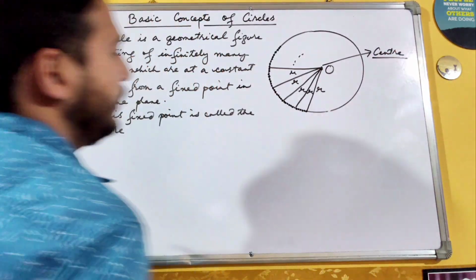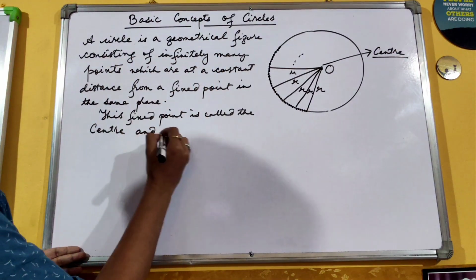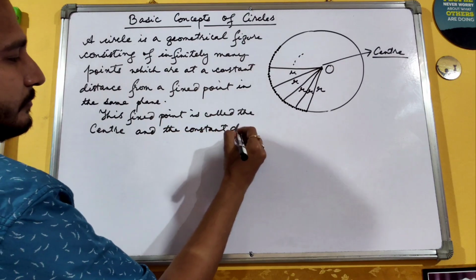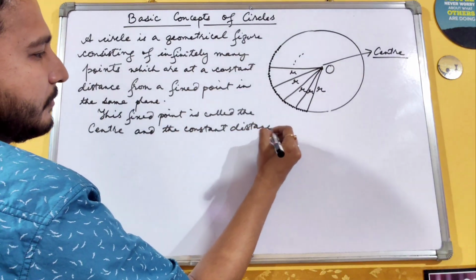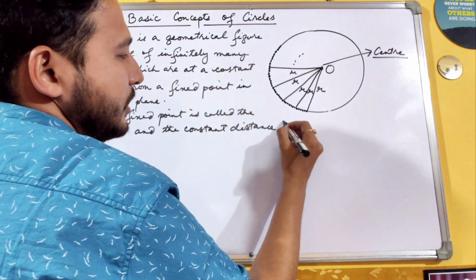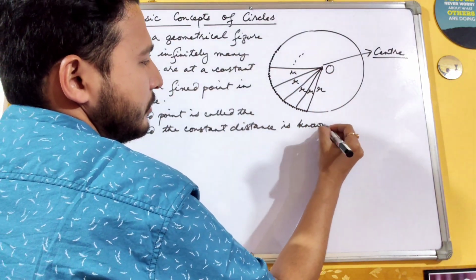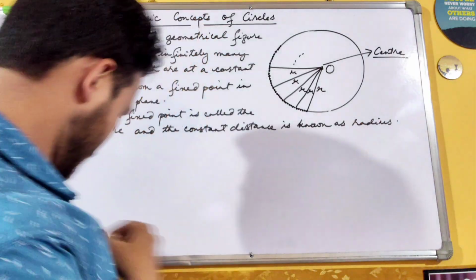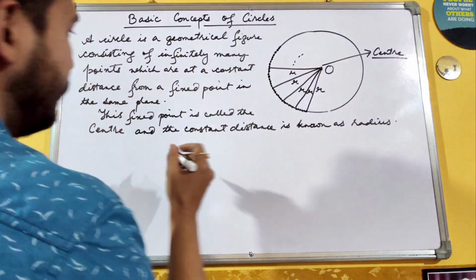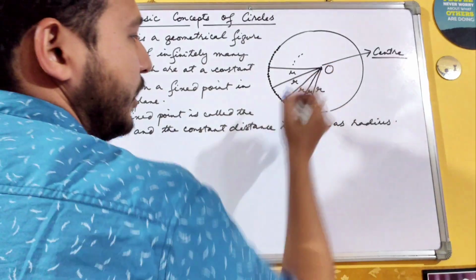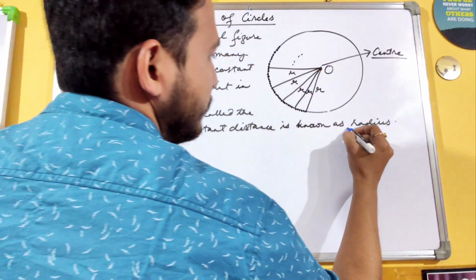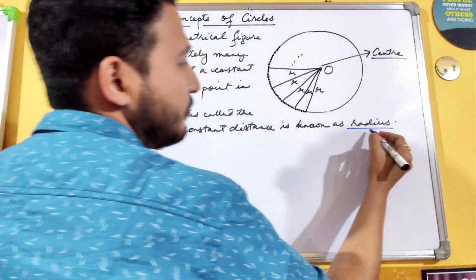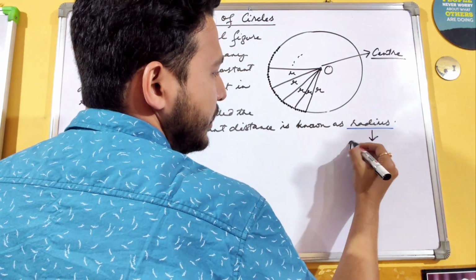The fixed point is called center, the middle point, and this constant distance is known as radius. So you can say there are so many radii in a circle. The plural form of radius is radii.